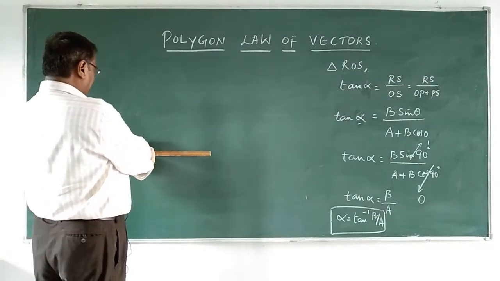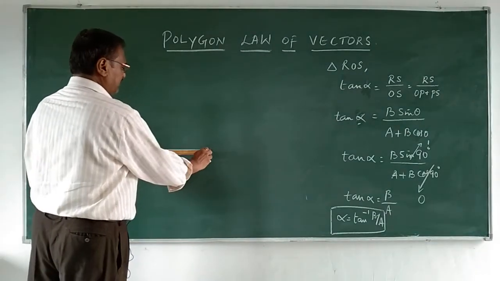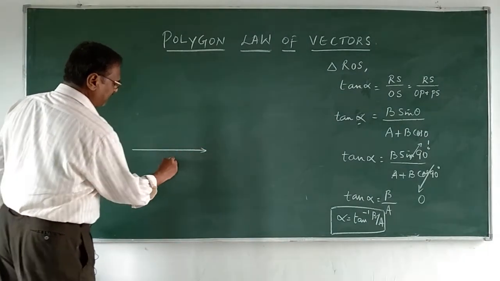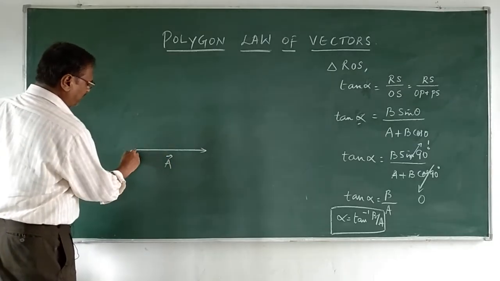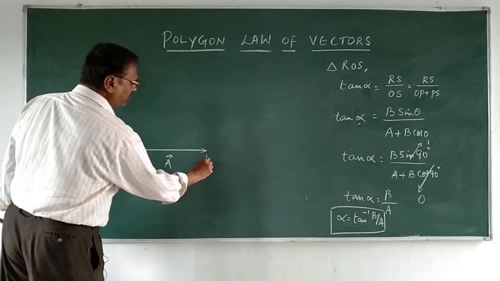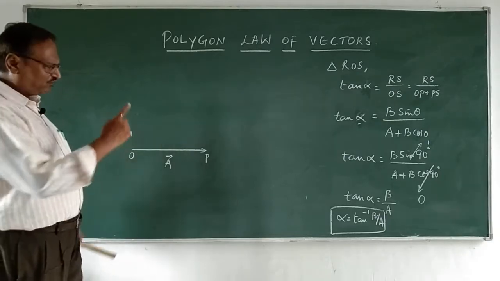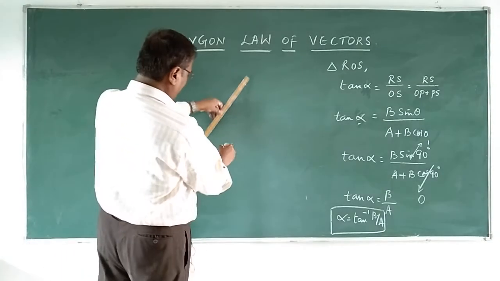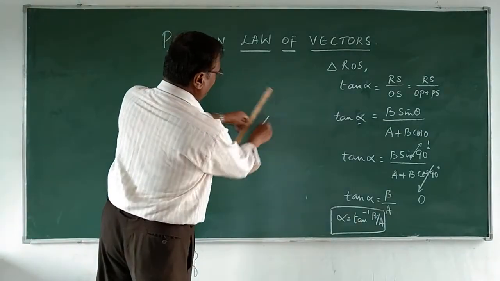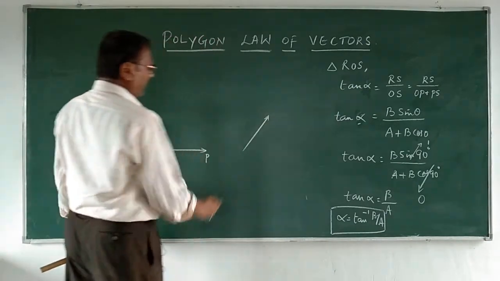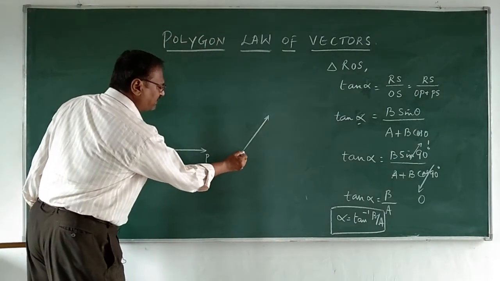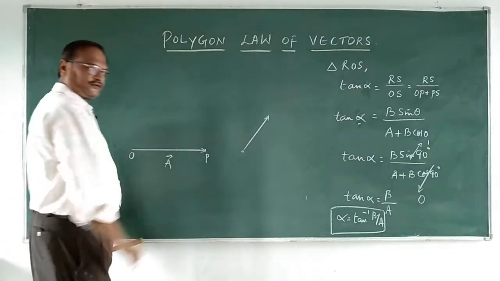Okay, now let me take a vector. This vector is A vector. The point is O. Let us say the point is P. I want to add this with another vector. This vector is somewhat like this. Let us say I bring the tail of the vector to the tip of the first vector.